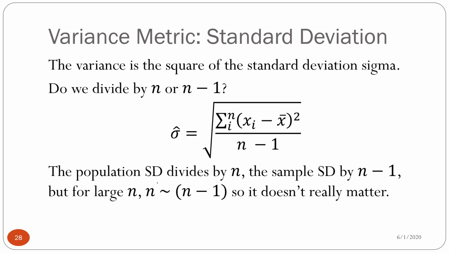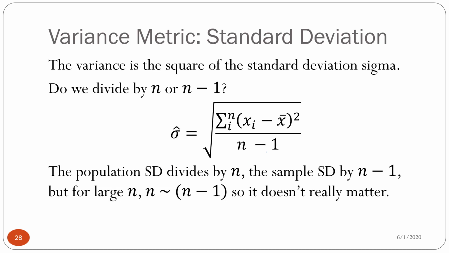But if you're working on a sample of the data, you don't have the original data. Say you want to find out the standard deviation for height of people in USA. If you happen to get the value of height for every individual in USA, then you should divide by n.